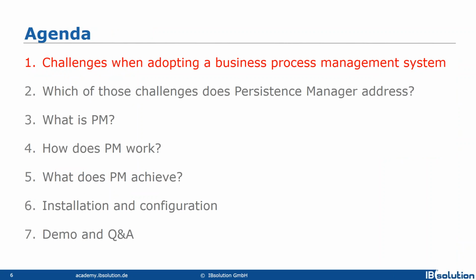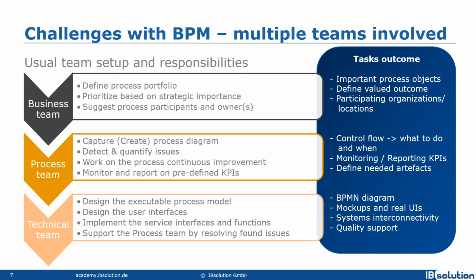So let's start. The first topic of our agenda is to describe and see what challenges lie ahead in the adoption of a business process management system. As we mentioned in one of the first slides, the usual setup and responsibilities within such a project involve more or less three teams.